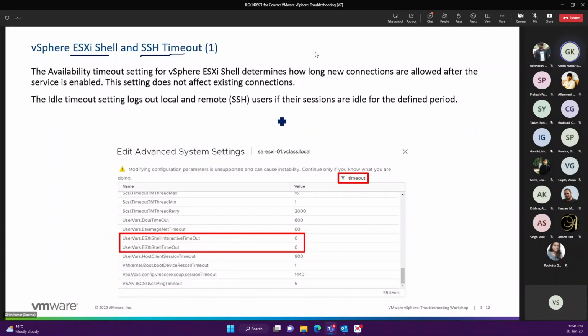If it does not receive any input within 1 minute, it forcefully disconnects the user session for security purposes. This setting does not affect existing connections. The idle timeout setting logs out a local or SSH user if their session remains idle for the defined interval in seconds, like 60 seconds, 30 seconds, or 2 minutes.